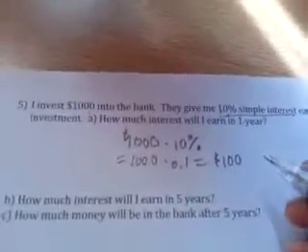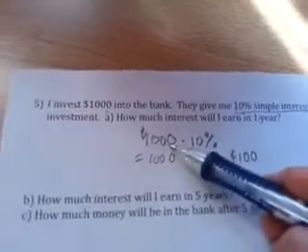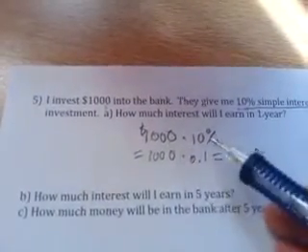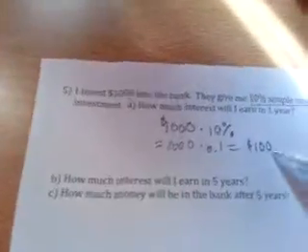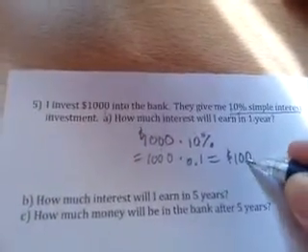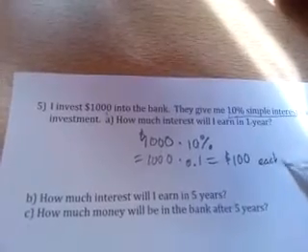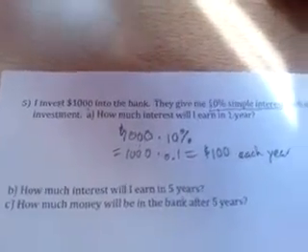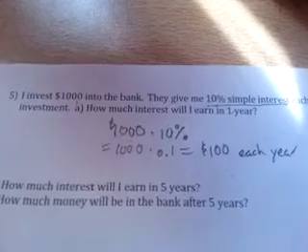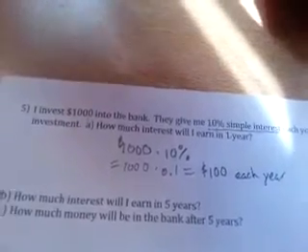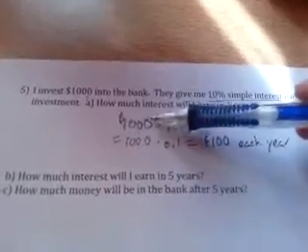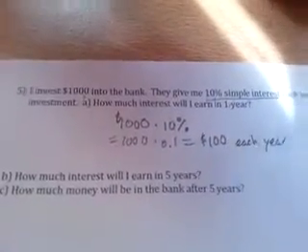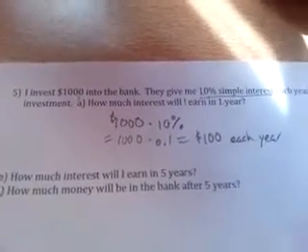So if I put $1,000 into the bank, they give me 10% of what I put in, which is equal to $100. And they give me $100 each year. So each year after that, I'm going to get another $100. If I keep this $1,000 in the bank, they're going to give me another 100 and then another 100 every year.